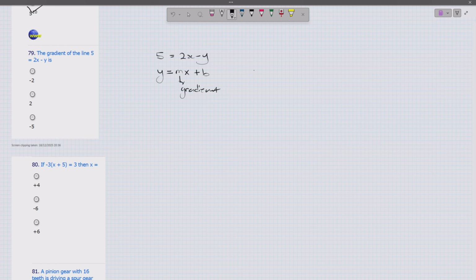So it's going to be minus y equals 2x minus 2x plus 5... so y equals 2x minus 5. 2 is the gradient.